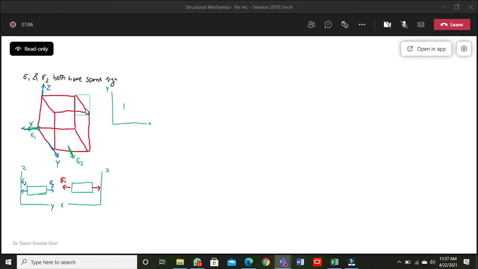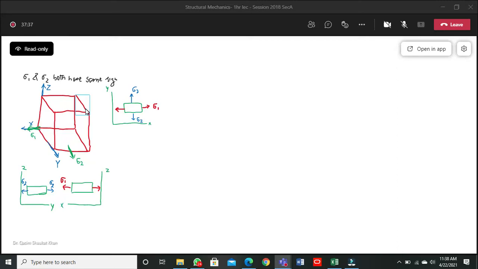In this case, x and y, I have sigma 1 acting along the x-axis, this one. So this is your sigma 1, and this one is acting along the y-axis. So this is my sigma 2.